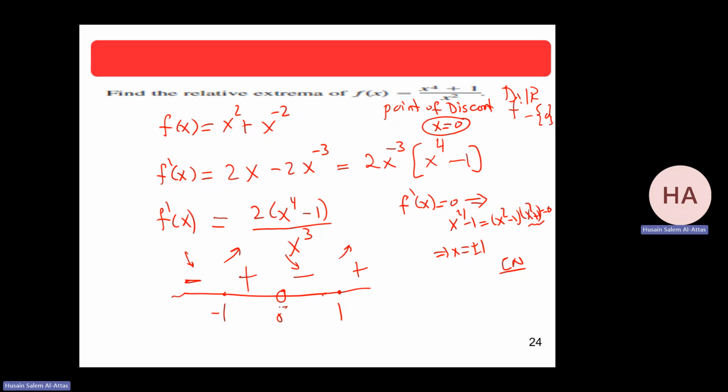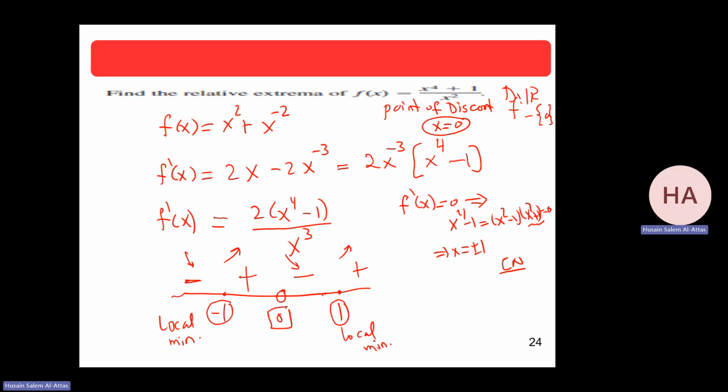Don't forget, the function is undefined at 0. So we cannot have local extrema at this value 0. So I have local minimum here, and I have local minimum here, and I have local minimum here also.